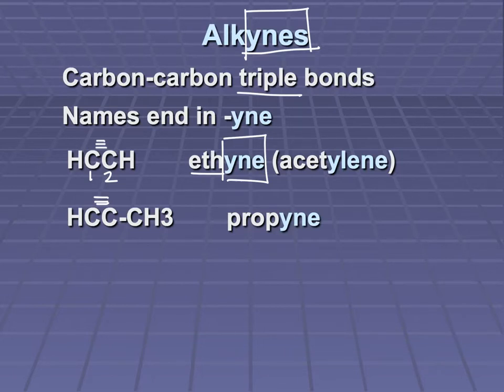Now, you might have heard of ethyne also be called acetylene. It's the same thing. This one is just a different style of naming rules. All right, then this next one here, 1, 2, 3, so 3 carbons long, and then ends in -yne because there's a triple bond.